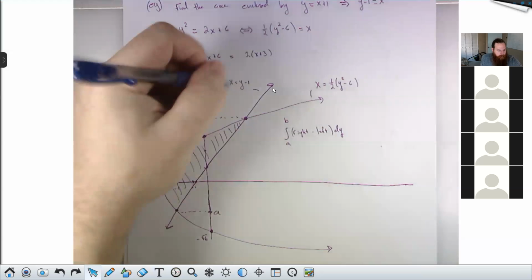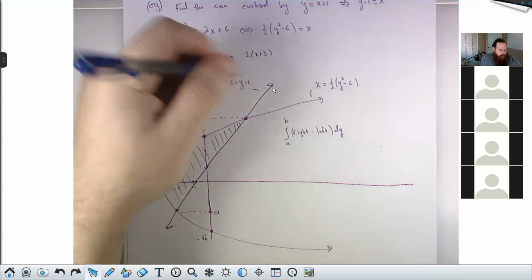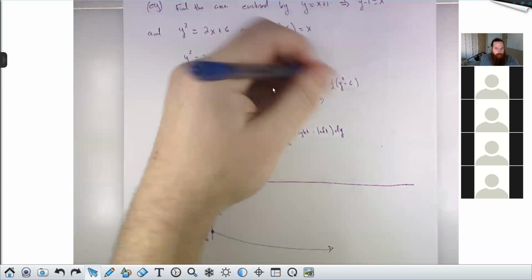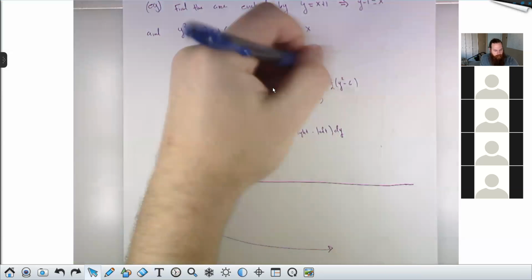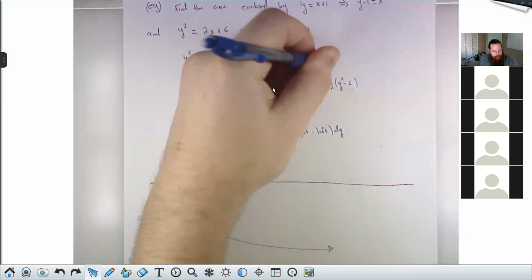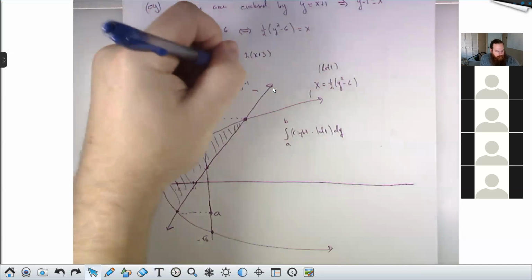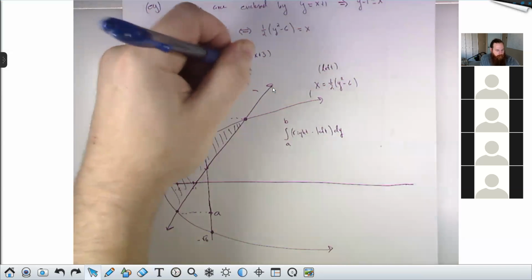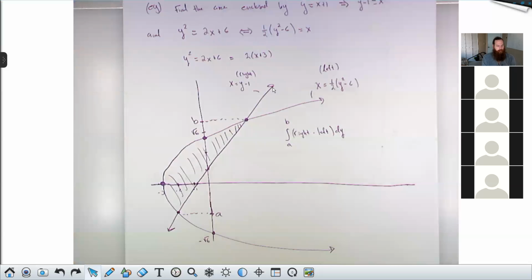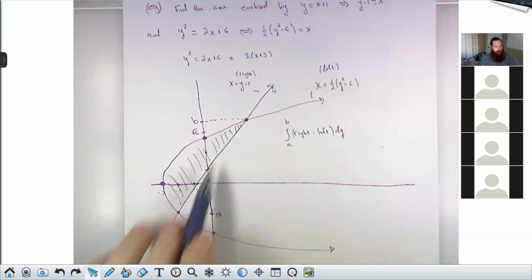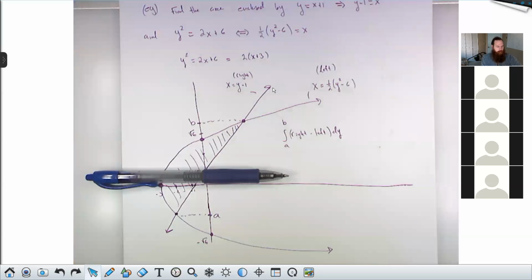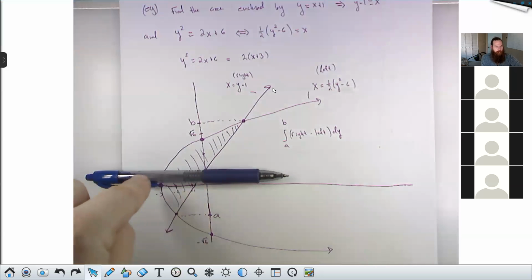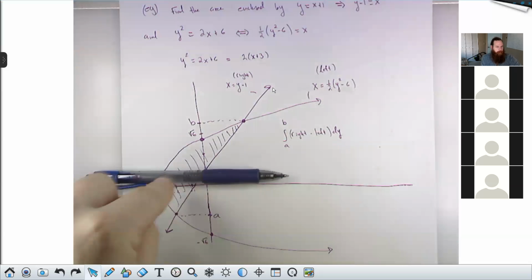So this is my right function, and this is my left function. Does everybody see that? Because in this region, if you take any fixed point, the line is to the right of the parabola.